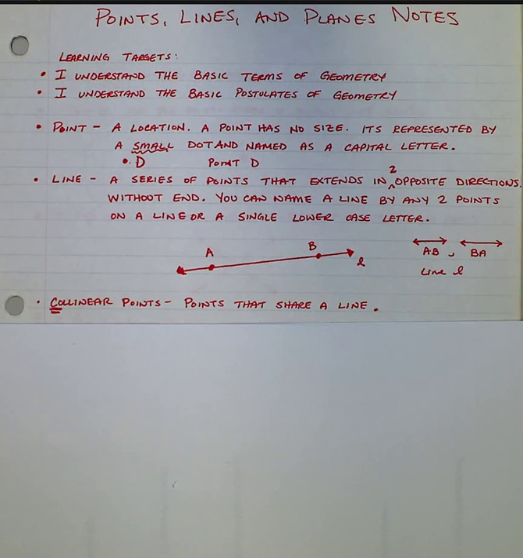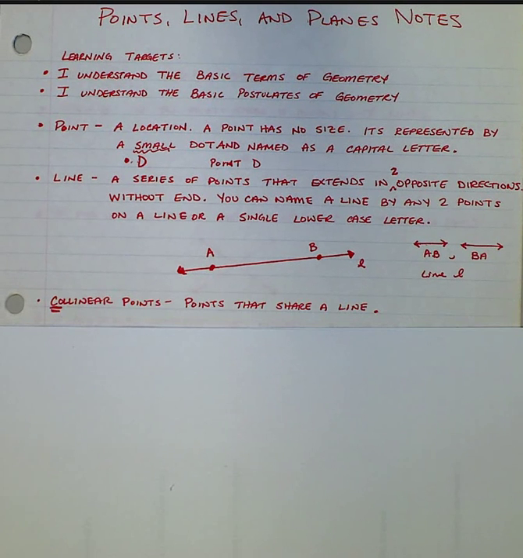While we're talking about lines, we're going to talk about the word collinear. Collinear points. I have co underlined because I'd like for you to think of that root word. It means together. Think of cooperate, collaborate, coagulate, cohabitate. Co means together.